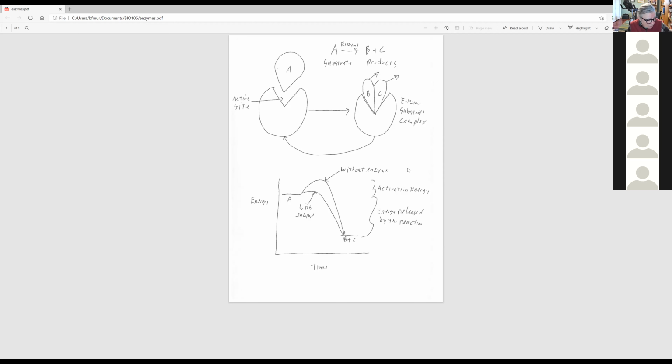But why doesn't this paper over here burst into flame? We're in an oxygen atmosphere, and of course you need oxygen to burn stuff. You can't burn stuff in an oxygen-free atmosphere. It's combustible, but it doesn't burst into flame because the activation energy is too high. But if I set a match to it, I can burn everything down.